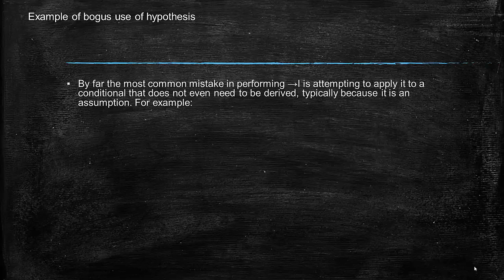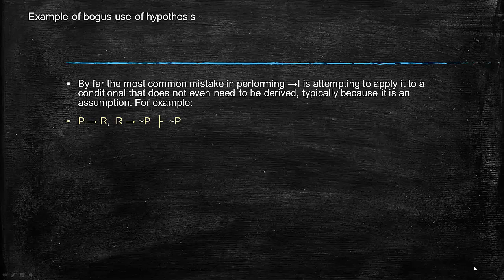So by far the most common mistake in performing conditional introduction is attempting to apply it to a conditional that does not even need to be derived, typically because it's an assumption already. So for example, suppose you are asked to prove this. Now this is in fact a valid argument, but we don't actually have the ability to prove this yet.